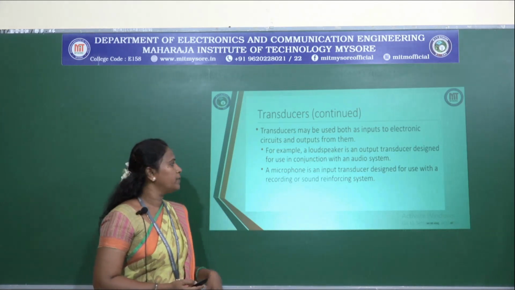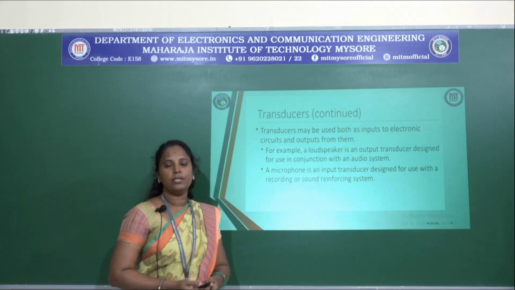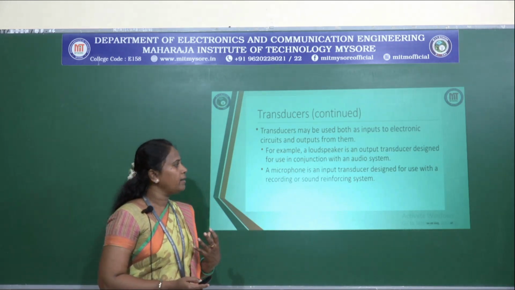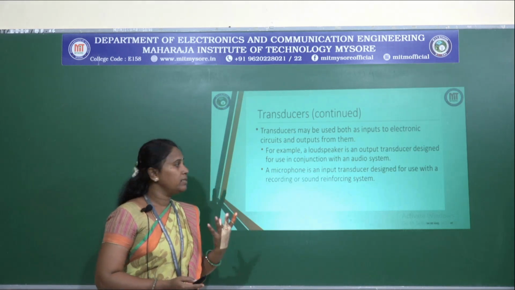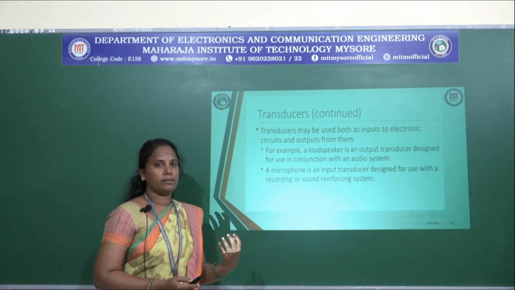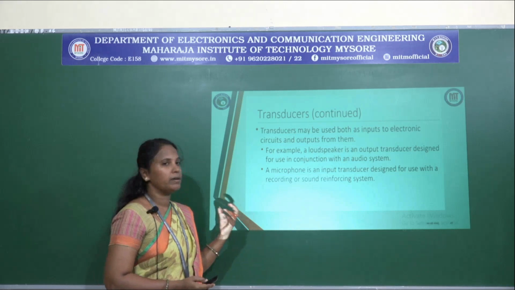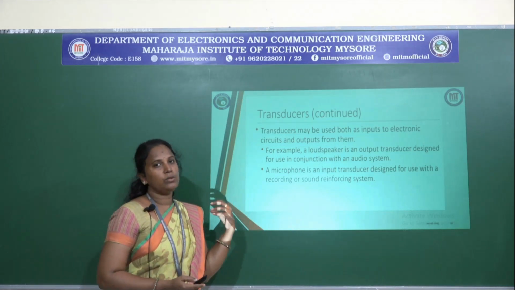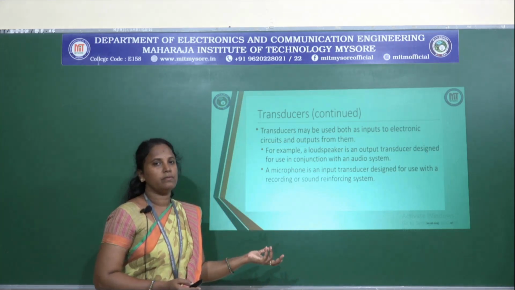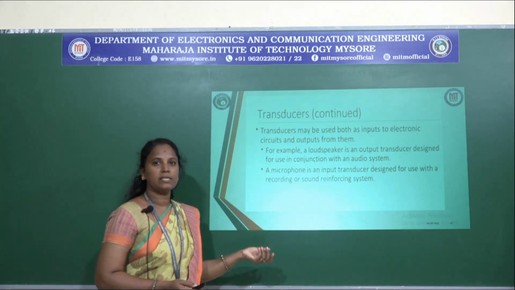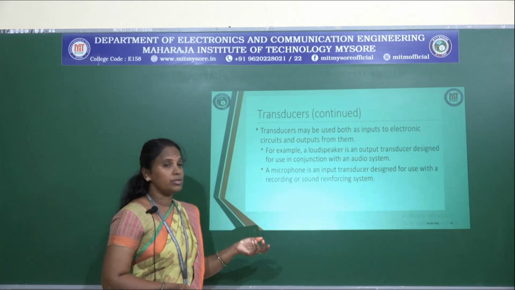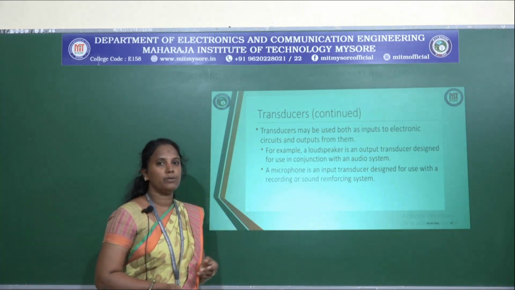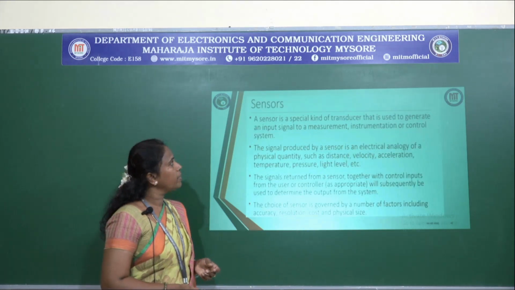Your microphone is an input transducer where you are speaking, and whatever you speak, that speech signal is being recorded and converted to variations of sound with respect to its voltage as well as current. So your transducer can act both as an input as well as an output.